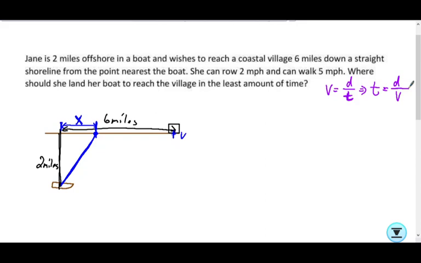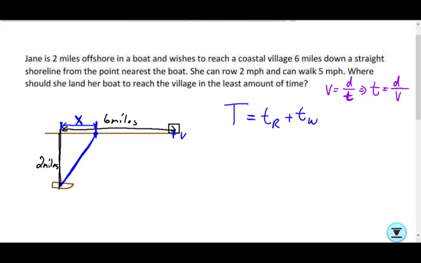Now, what we're trying to optimize is our total time. So total time is going to be equal to time rowing plus time walking. So that's what we're trying to optimize. We've got our optimization equation.